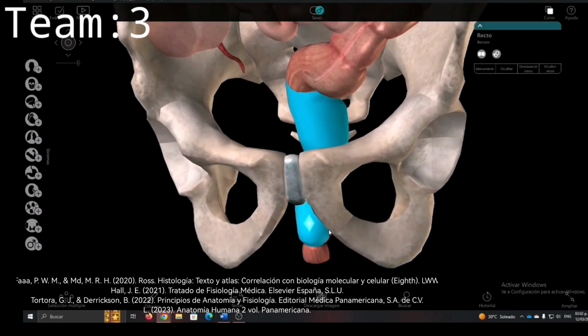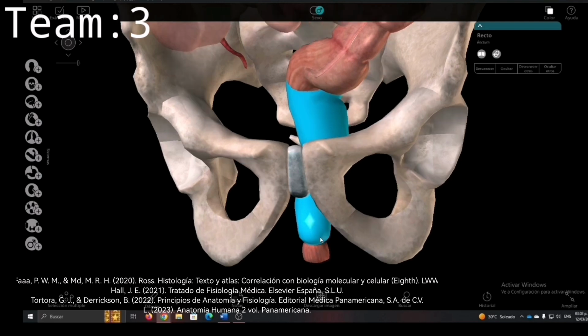This is the end of the rectum, and the anal canal is the final portion of the large intestine, beginning with the anal columns at the level of the anorectal junction and ending in the anus after a distance of 3 or 4 centimeters.